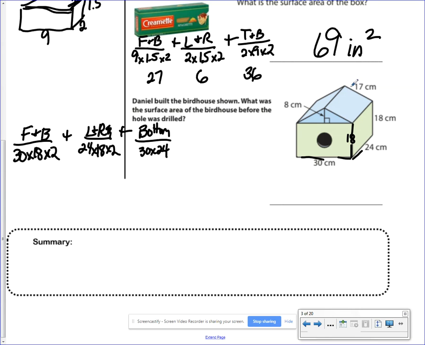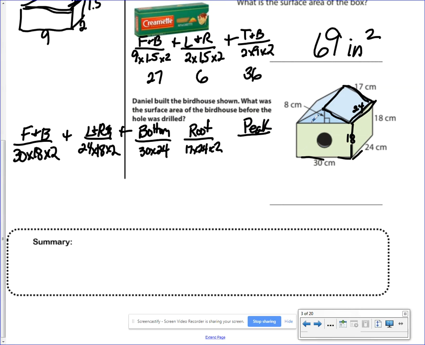Let's talk about these roof rectangles on each side that look like this. This is 17, and this dimension here is 24. So I'm going to call this the roof. And we do have 2 of those, and it's 17 by 24 by 2. Then we've got this weird shape. That's the peak, and there's one in the front and one in the back.